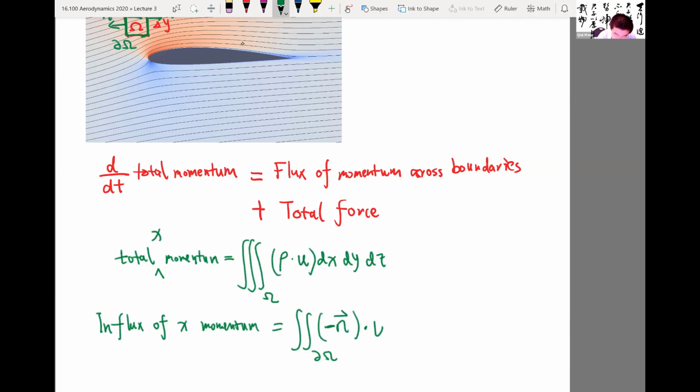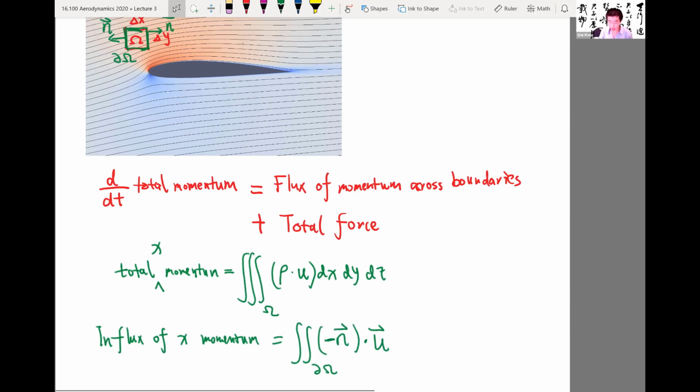So this negative n dot with velocity is basically how much volume of fluid is going into the domain per unit amount of time, per unit amount of area. By our notation, the velocity is capital V, right? Negative n dot capital V is the amount of flow volume going into the domain per unit time, unit area.